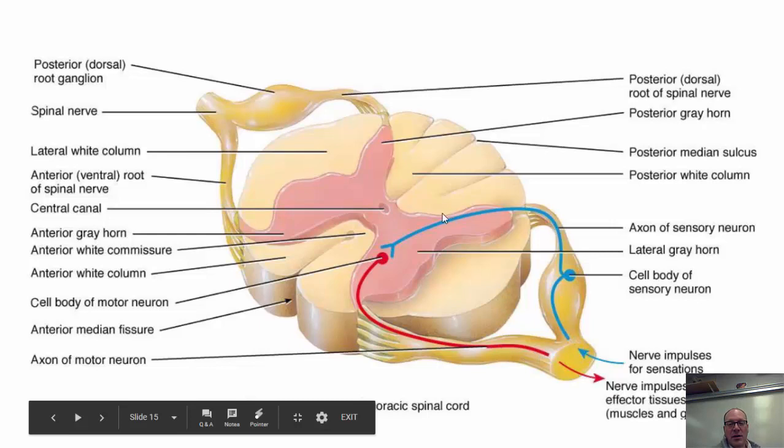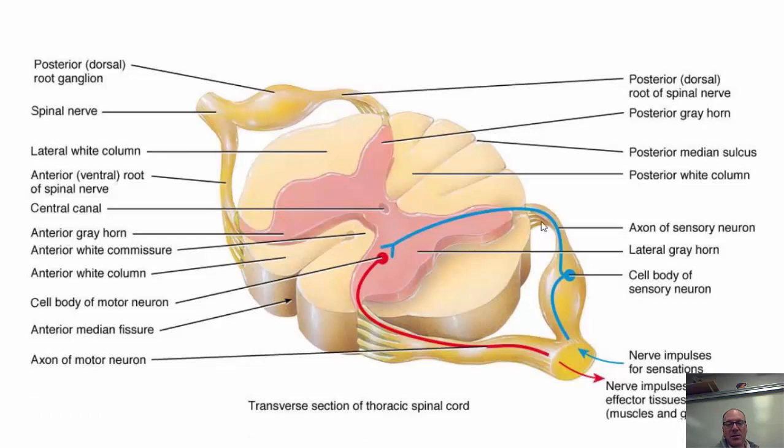And what you'll notice is that there is, in some cases, some direct connections between a sensory neuron and a motor neuron. And what this is going to allow for is a reflex, so your body can respond to some painful or very strong stimulus before your brain even can register really what it is. So we'll talk about that in terms of reflexes in a moment, or actually probably in another presentation.